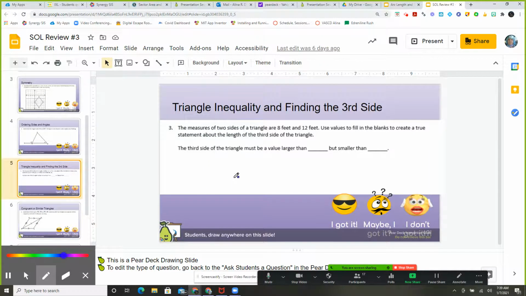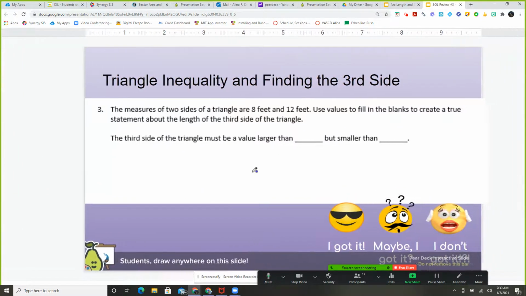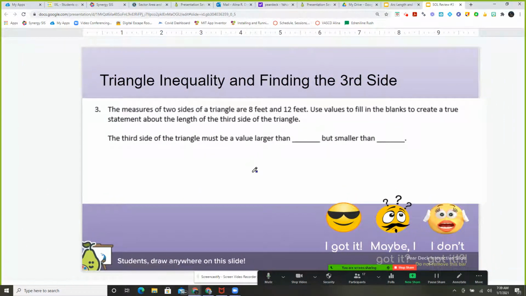Number 5, it's again just trying to figure out what tool to pull out of your toolbox. If I've got two sides of a triangle that are 12 and 8, and I make a really acute triangle, I want to do 12 minus 8 to figure out what this missing side could be. So that's going to be 4. It has to be bigger than 4.